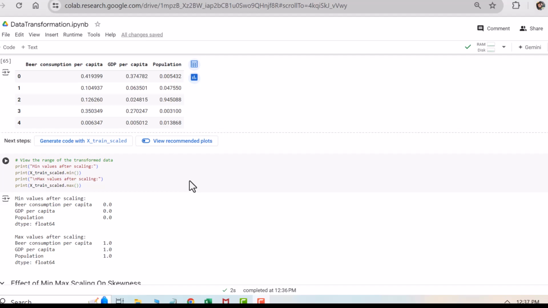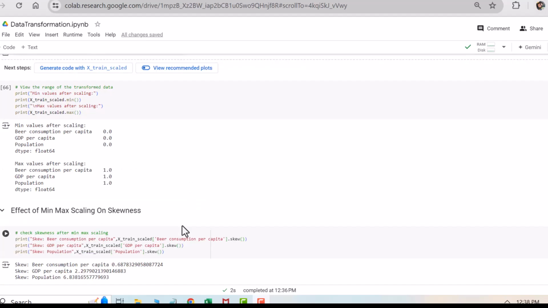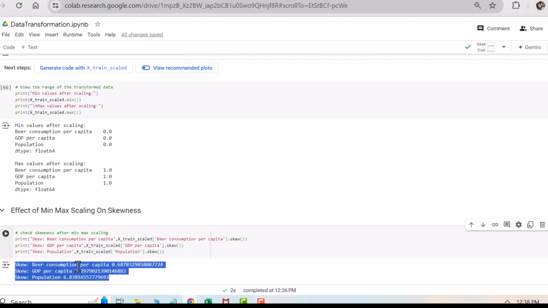But is it really solving the problem of skewness, which is against the normalized distribution of data required by some of these algos? For that, we need to print the skewness of the scaled data, right? And if I print the skewness of the scaled data, I will see that my skewness is the same as before.